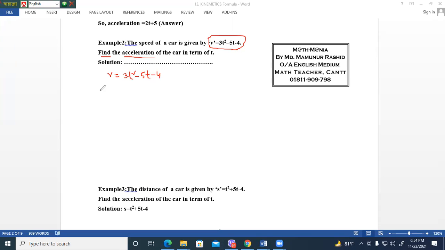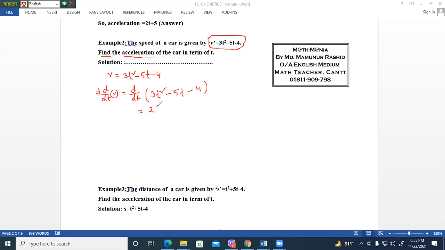Now differentiate both sides with respect to time. d by dt of v equals d by dt of 3t square minus 5t minus 4.